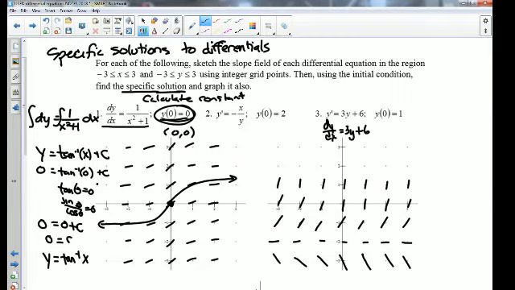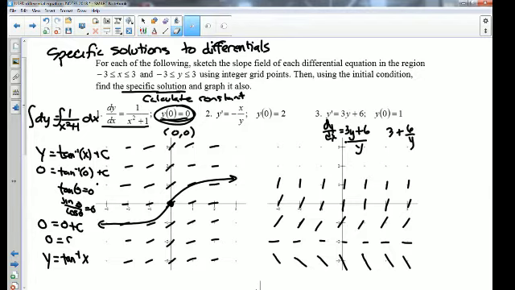Can I make that a separable differential? At this point, can I divide y over? If I divide by y, what do I end up with? It's 3 plus 6 over y still, right? We have not been able to separate.